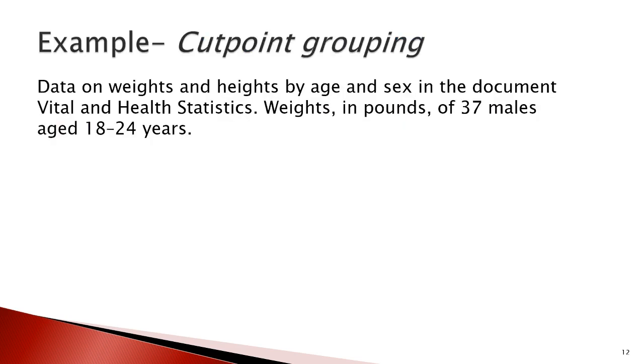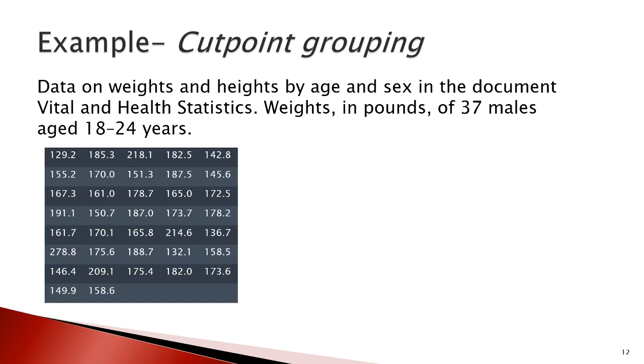Let's move on to an example. In this example, data on weights and heights by age and sex in the document Vital and Health Statistics. Weights in pounds of 37 males aged 18 to 24 years.